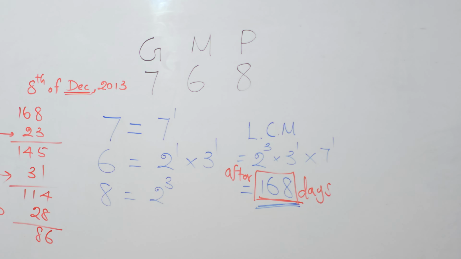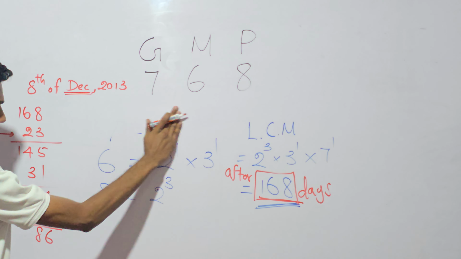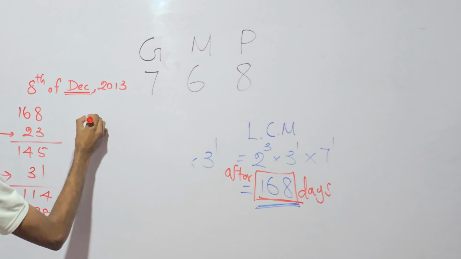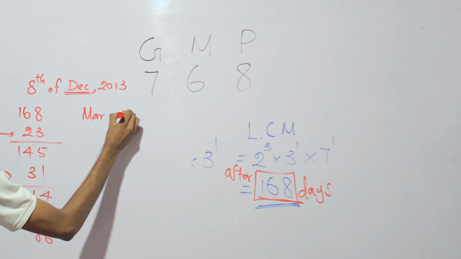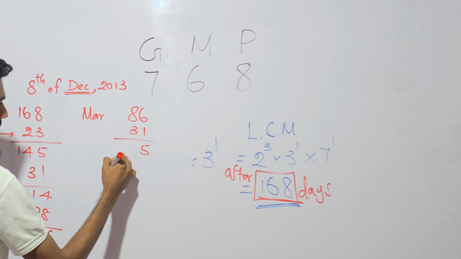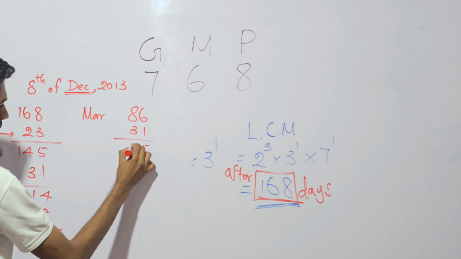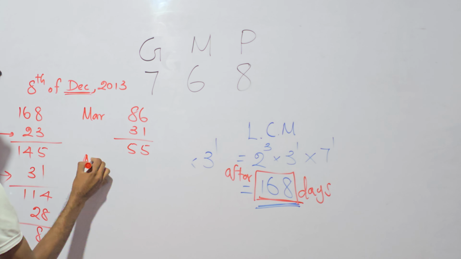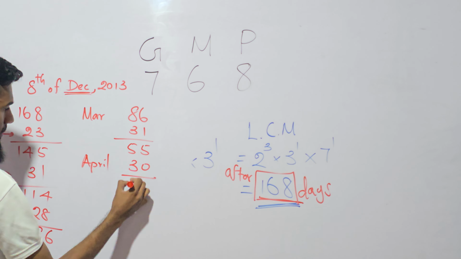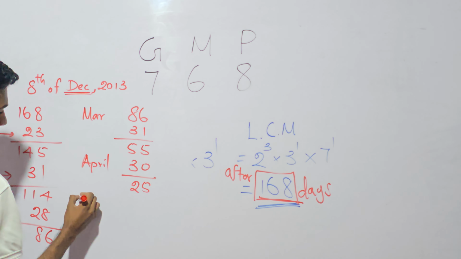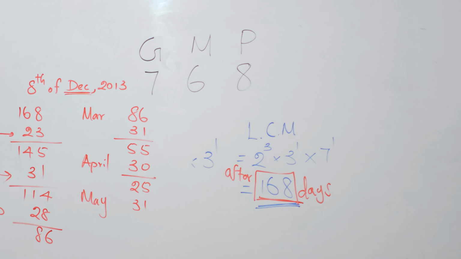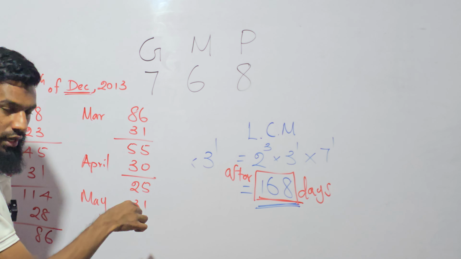March is finishing on the 31st. So 86 minus 31 is 55. And then April has 30 days, so you will get 25. And then May is 31, so you can't subtract 31 from 25.